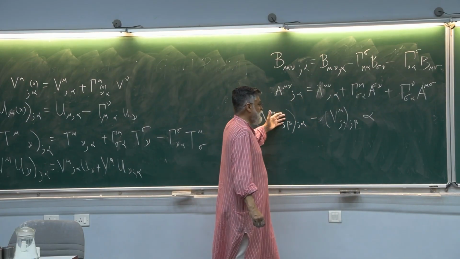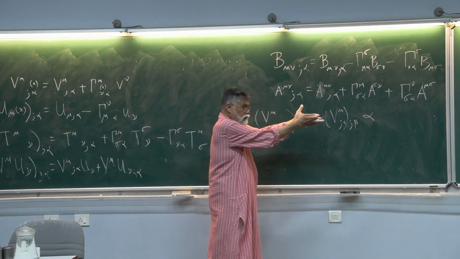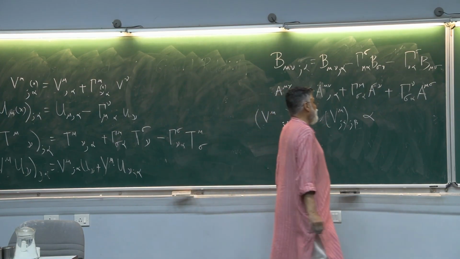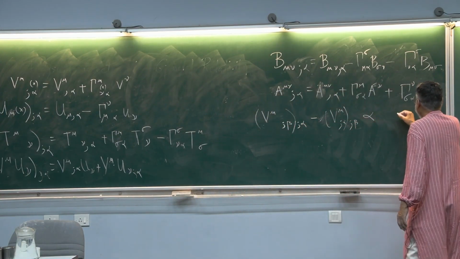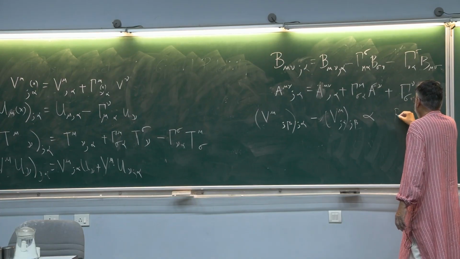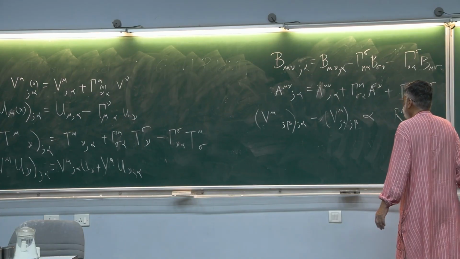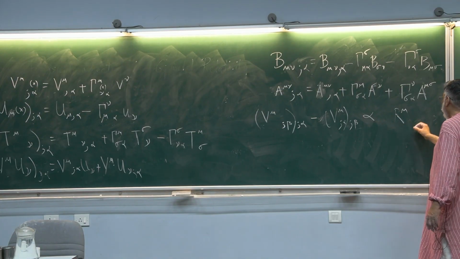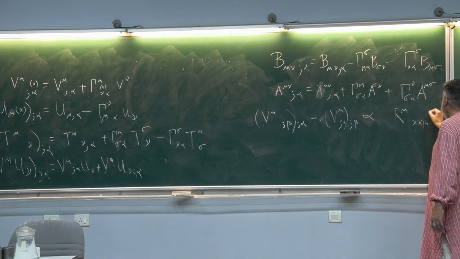This object is a tensor, and therefore whatever is on the right hand side will be a tensor, and you can show that it is a tensor. Let's call it R^μ. It will be proportional to R^μ_{ναβ} V^ν, since I have α and β.